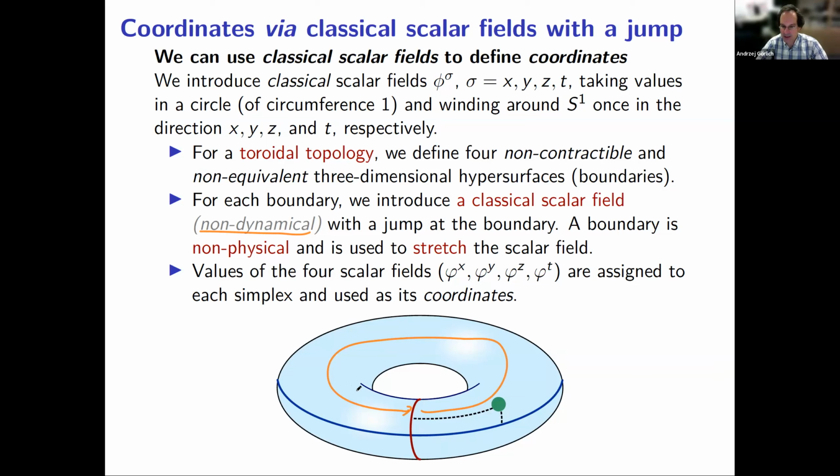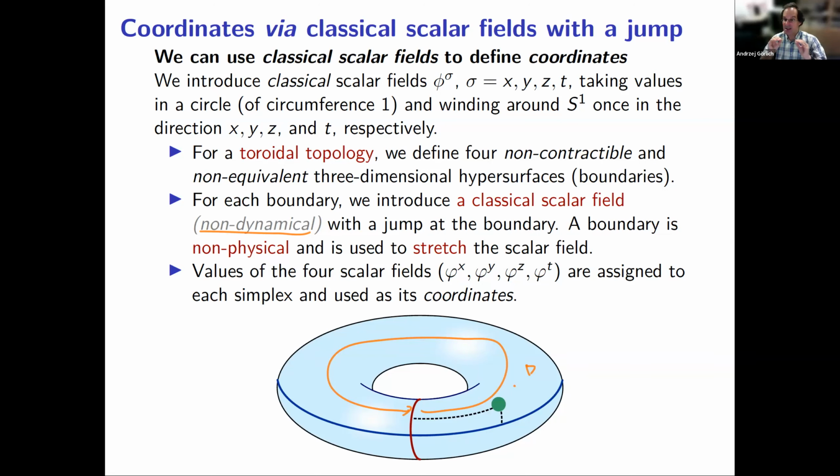In the two-dimensional example, we would have 2 scalar fields, phi x and phi t, for example. For each point, you will have some field values, and you will use these field values as coordinates. In CDT, the geometry is just built of triangles or 4 simplices, and the scalar fields live in the center of each 4 simplex.